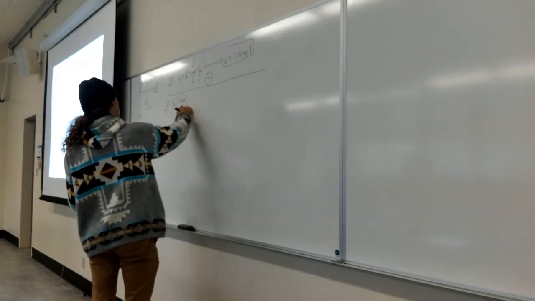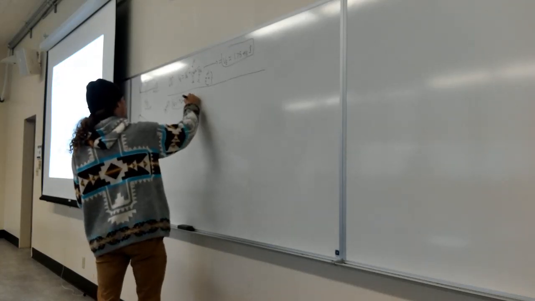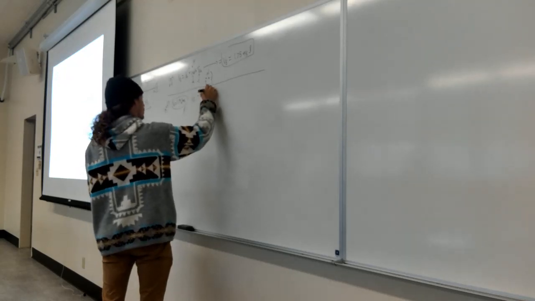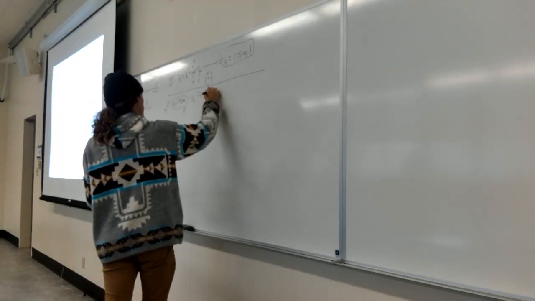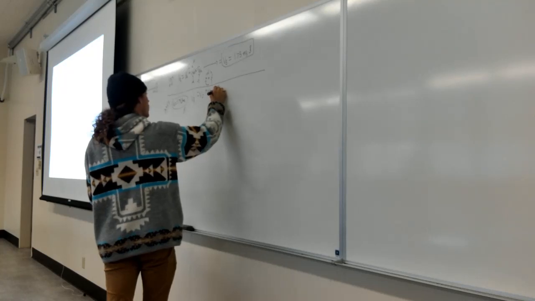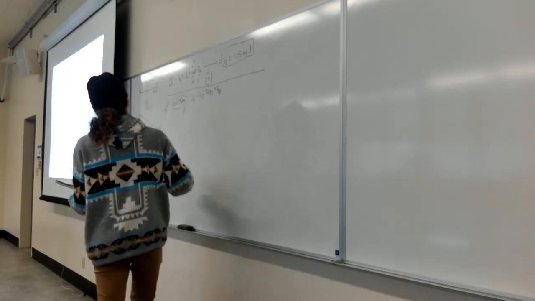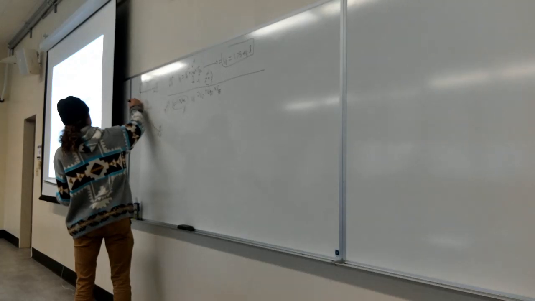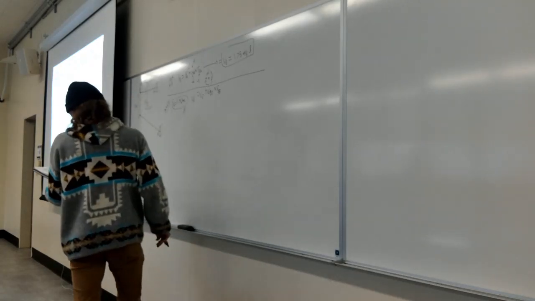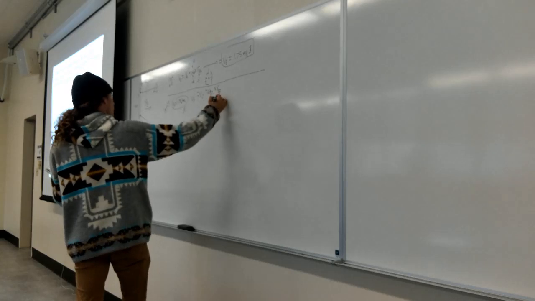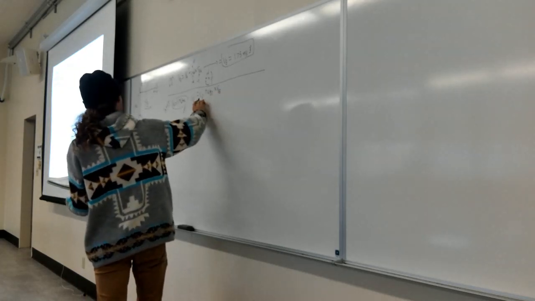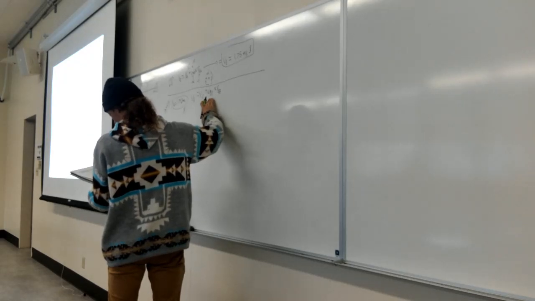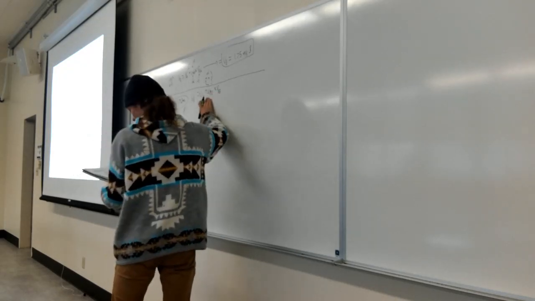So VB is equal to VD plus omega BD cross RBD, and RBD is pointing this way. VD we don't know yet, and we don't know omega yet.